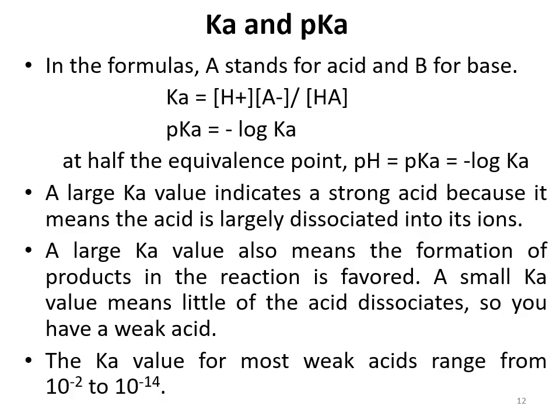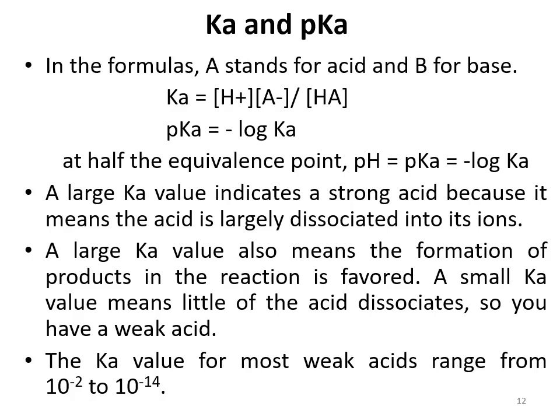Ka is the concentration of the dissociated ions divided by the non-dissociated acid, and taking the negative log of the Ka value will give the pKa value. At half the equivalence point, pH is equal to pKa, the negative log of Ka.